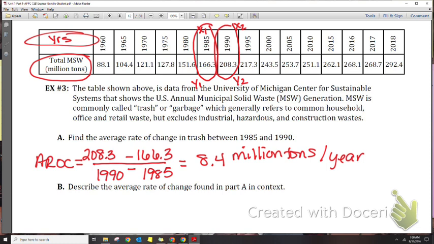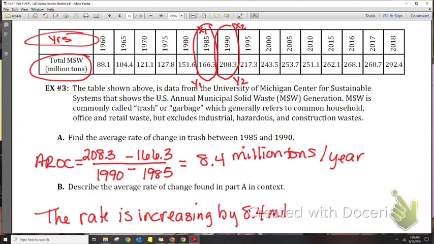All right, and then B says describe the average rate of change found in part A in context. Well, because we labeled it, it makes that pretty easy. So the rate is, is it increasing or decreasing? Well, since our average rate of change is positive, that means it's increasing by 8.4 million tons per year.